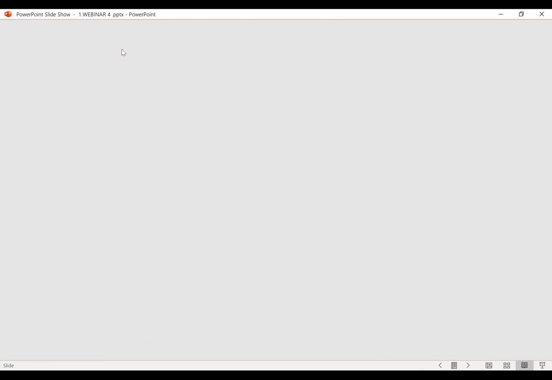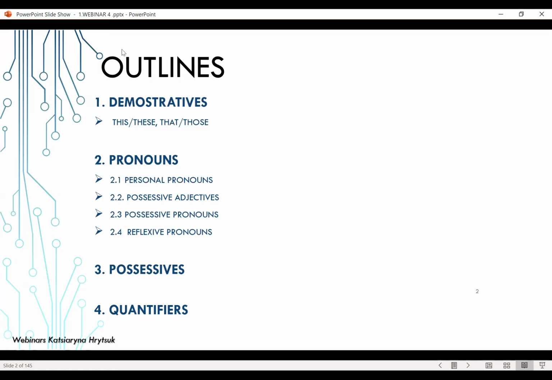Our goals today. The first one, some words maybe you definitely know: these, that, those, and this. They are called demonstratives. So first, we are going to talk about demonstratives and the difference between these words. The second one is a very huge chapter of pronouns.